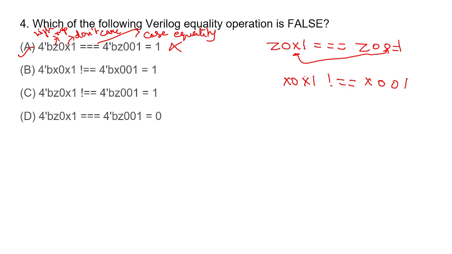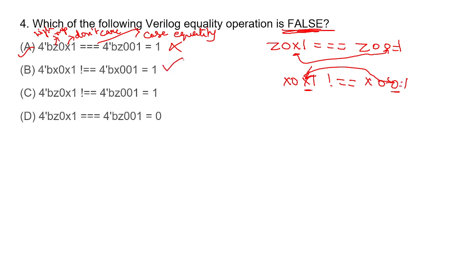Option B. We are asking which of the statements is false. So X01 is not equal to X001. This bit and this bit are different, so the answer is true.